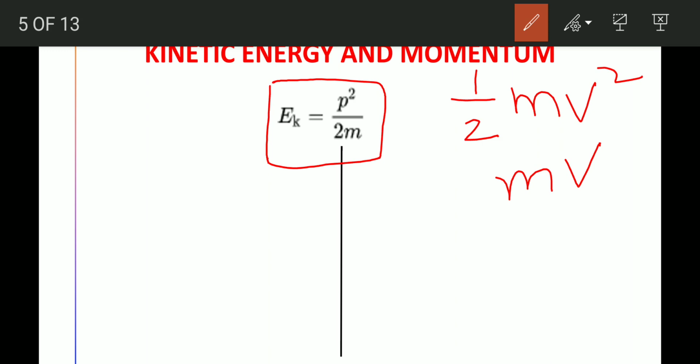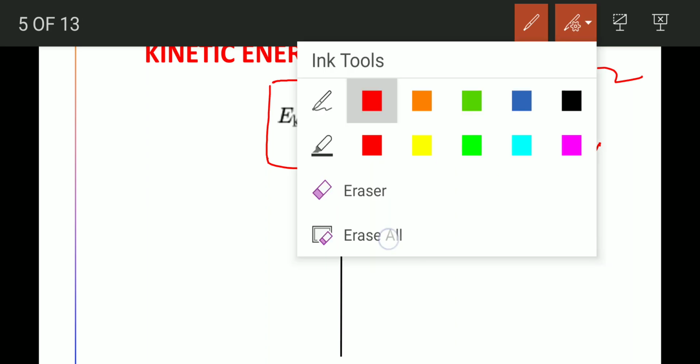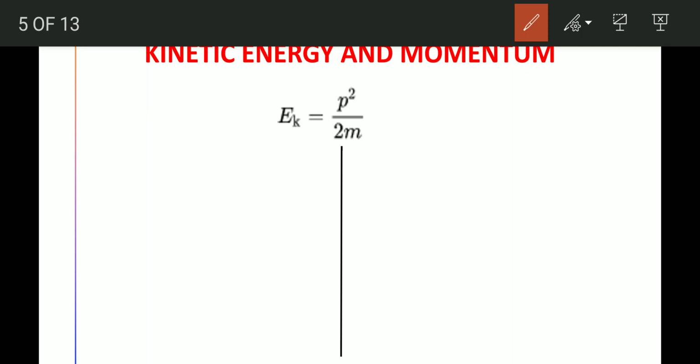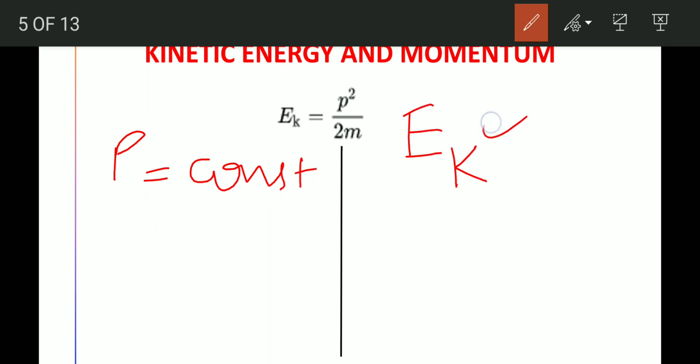which clearly shows that for a moving body, if the momentum is constant, then kinetic energy and mass are inversely proportional to each other. Hence, we can say that for momentum constant, kinetic energy is inversely proportional to mass.